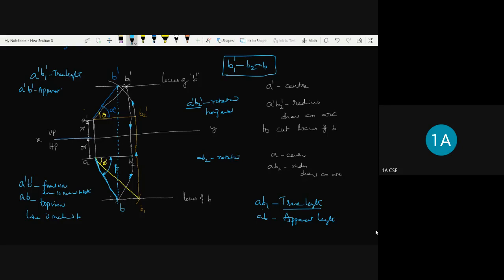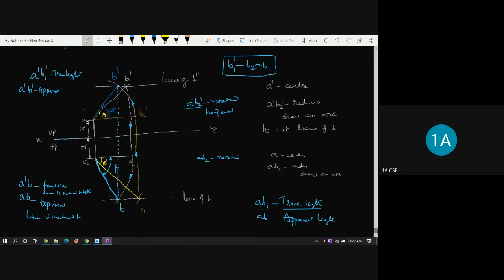After drawing this, we rotated to cut the locus, so that we can get the projection of the line. Now we'll take one problem so that we can understand easily.